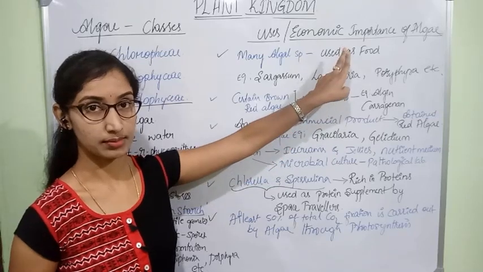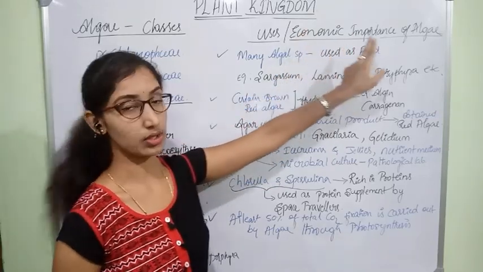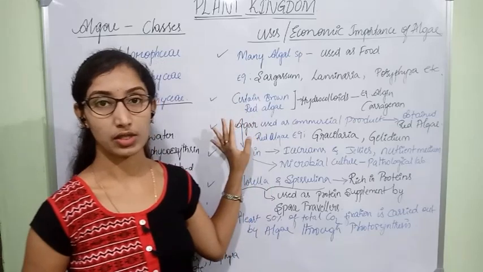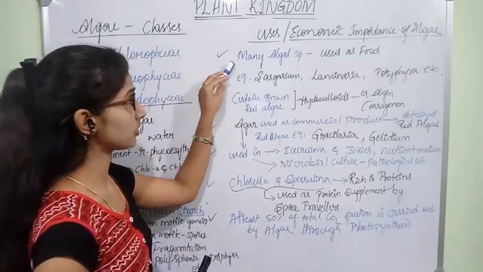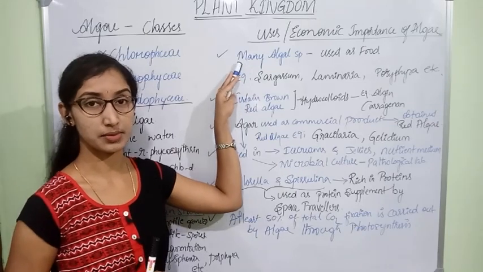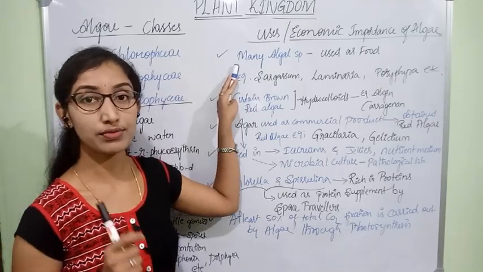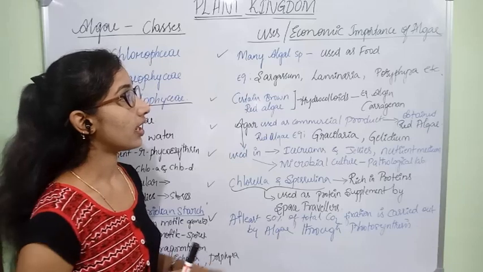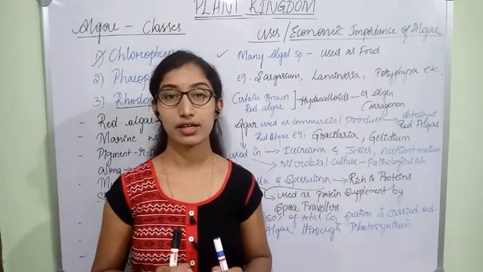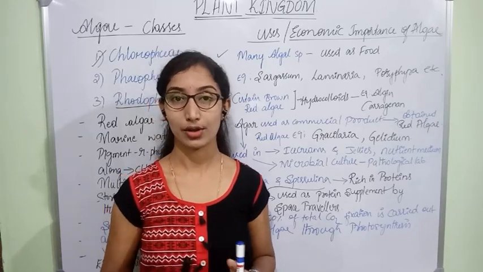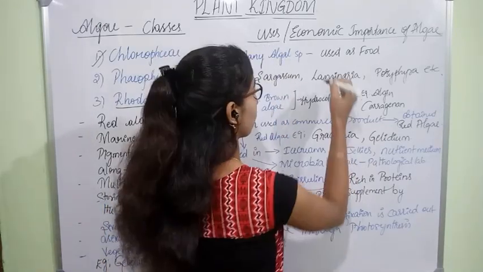That's why we have named it economic importance of algae, or uses of algae. The first use mentioned here is that many algal species are used as food by man, and also as fodder.